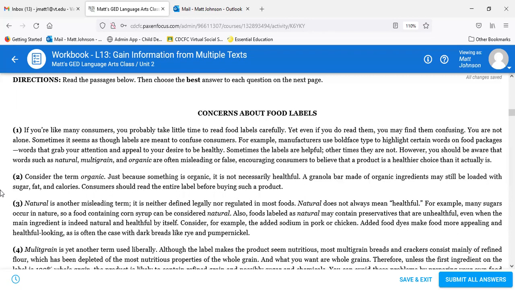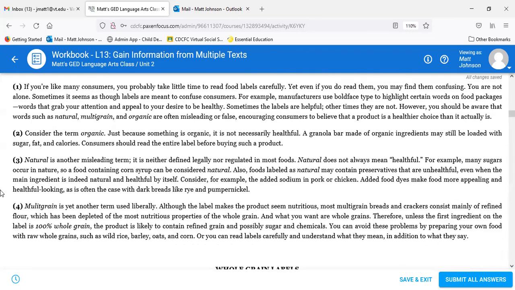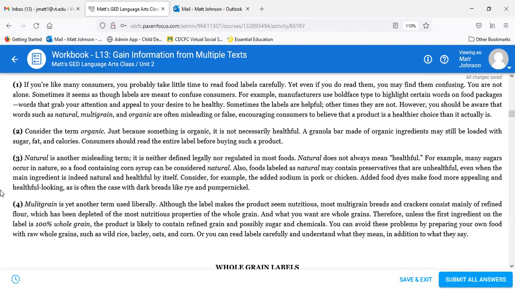Consider, for example, the added sodium in pork or chicken. Added dyes make food more appealing and healthful looking, as is often the case with dark bread like rye and pumpernickel. Is that how you say it? Yeah, you got it.